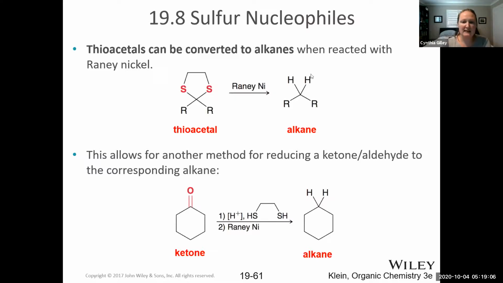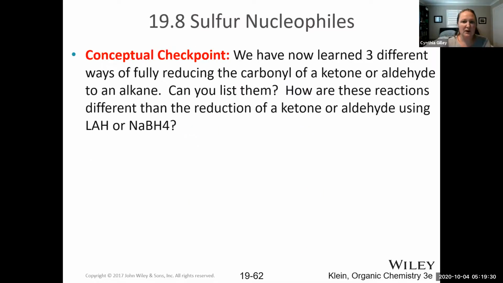So acid is available to protonate anions that generate at this carbon, and we end up with an alkane. So overall, if we form a cyclic or acyclic thioacetal, followed by Raney nickel, we'll be able to reduce a ketone all the way down to an alkane.